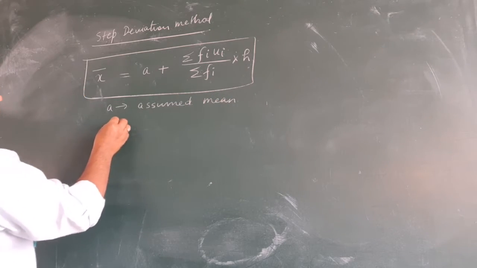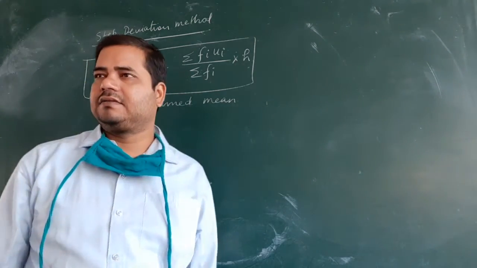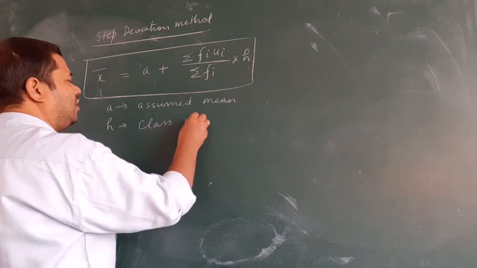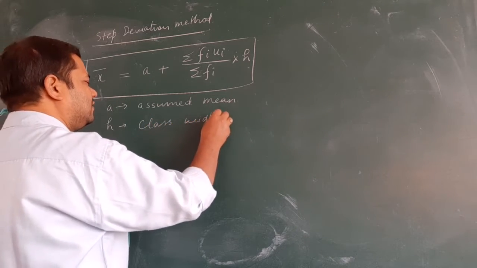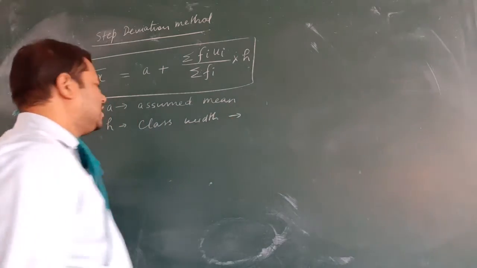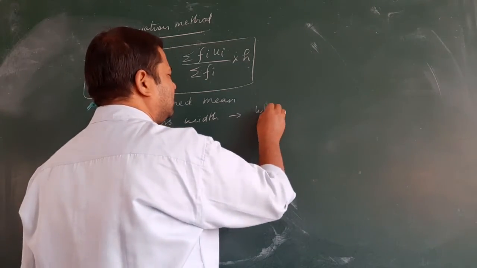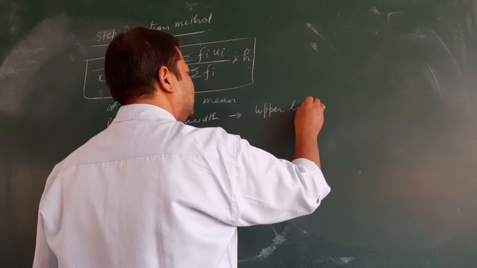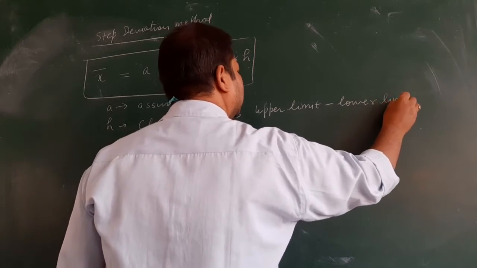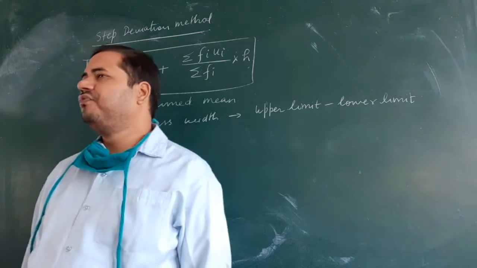Here h is the class size or class width. How will we find class width? Upper limit minus lower limit. This is the class size or class width.